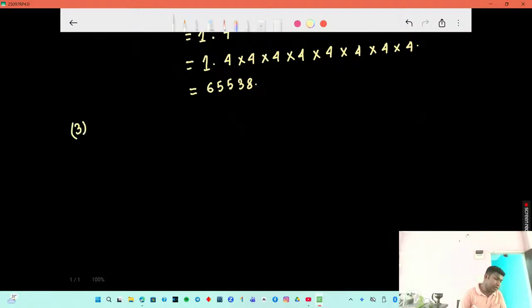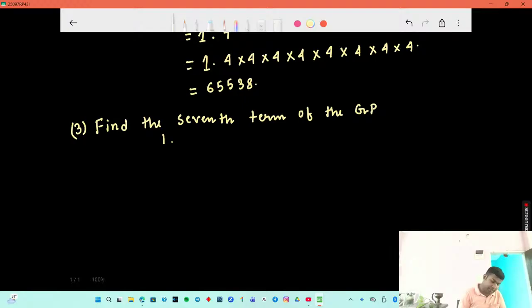So now here in the question it is given: find the seventh term of the GP, and the GP is given as 1, root 3, and 3 root 3.